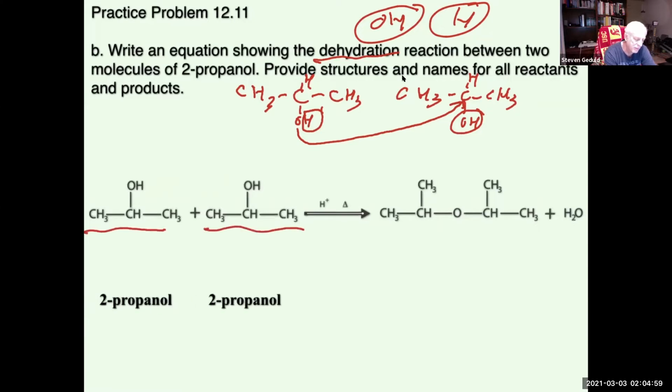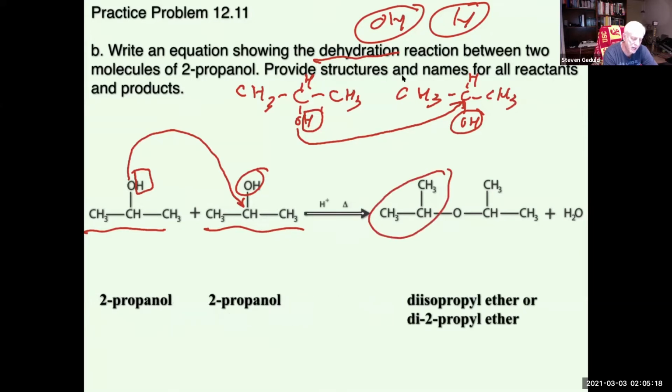We're removing OH and H, and this oxygen is going to attach right to where that OH group was left off. And this is an isopropyl group, so it's di-isopropyl ether.